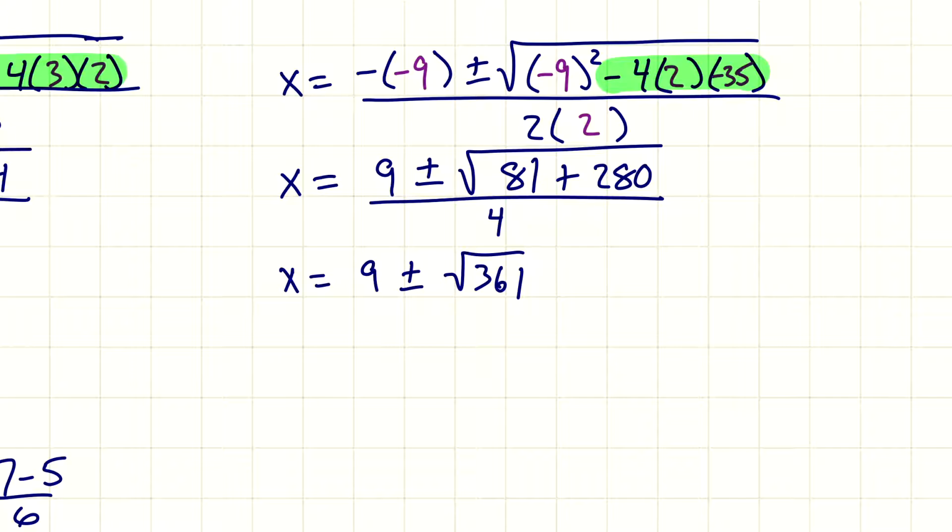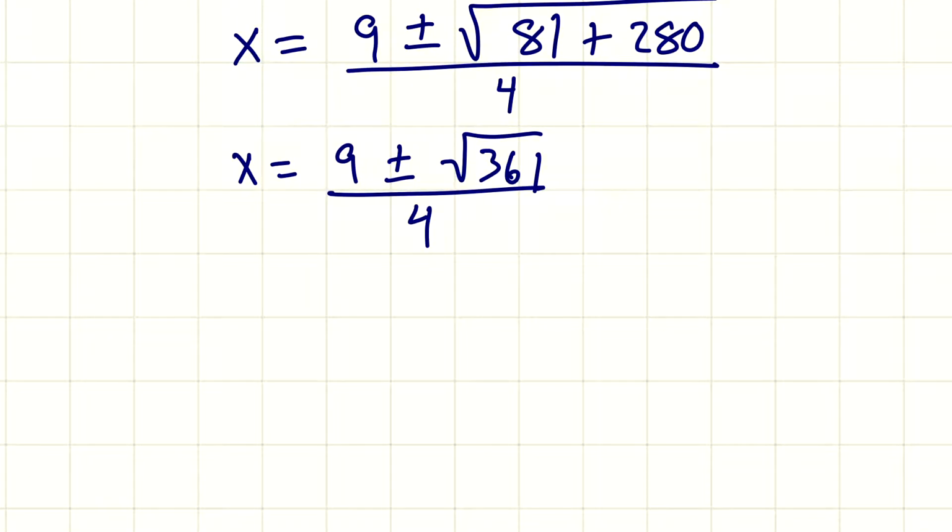Wow, it does. All right, so that looks, I probably would have stopped there if I didn't already know the answer. So 361, is that a perfect square? Surprisingly, it is. All right, so that actually simplifies. If you didn't know that, I didn't know that, so right now. And so that's 9 plus or minus 19.